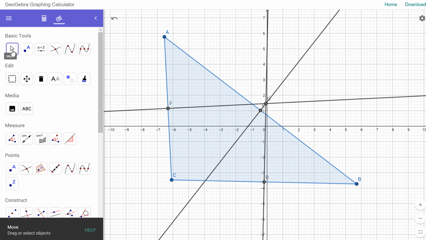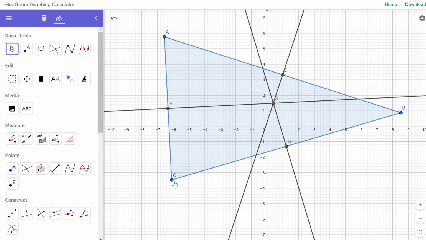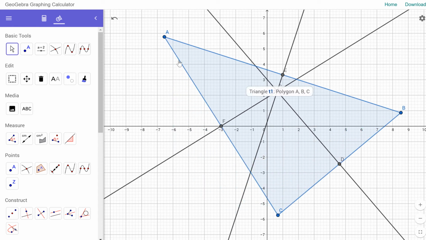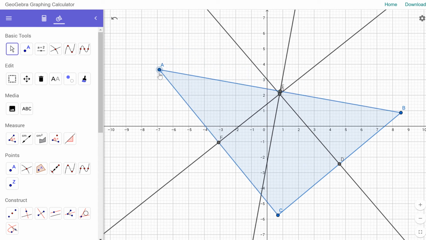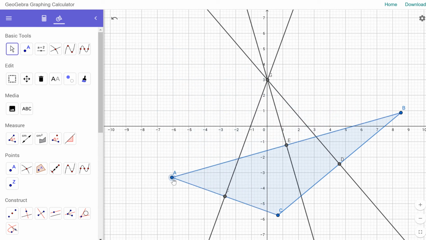We're going to use our selection tool here, and we're going to take a look at where that circumcenter is located. It's kind of weird that it's outside of the triangle, so we're going to evaluate what happens as we move our triangle's points around. As we move our triangle's points around, we can see that that circumcenter has now moved to the inside of the triangle. Now it's right on the edge of the triangle, and again, it is now on the outside of the triangle.